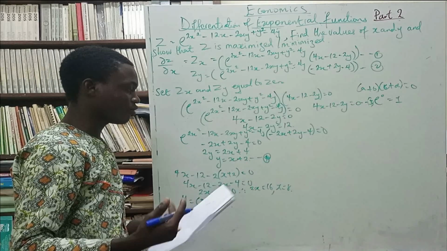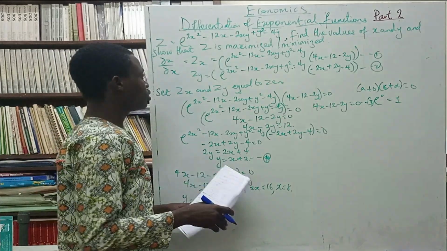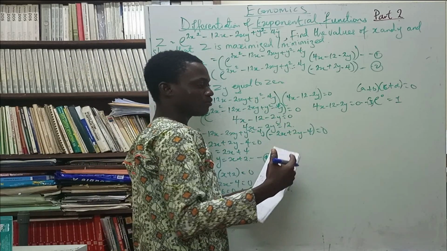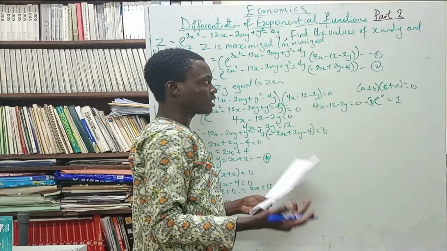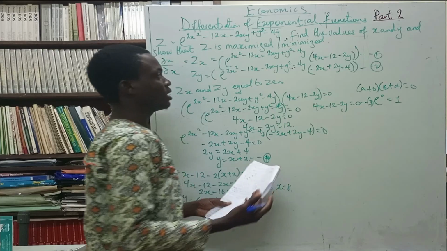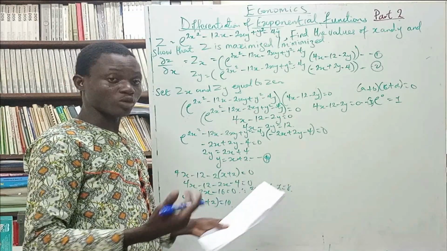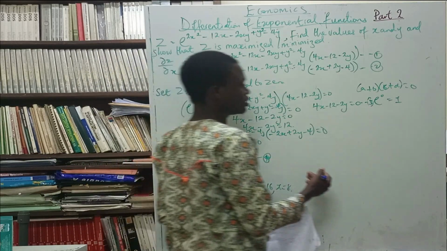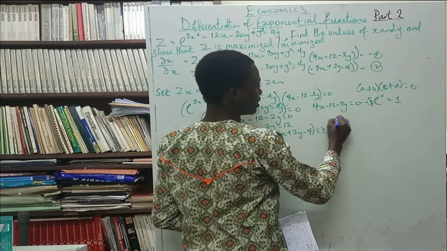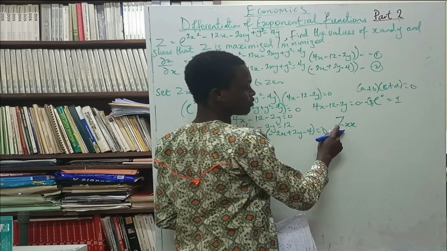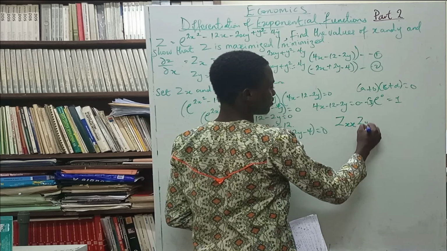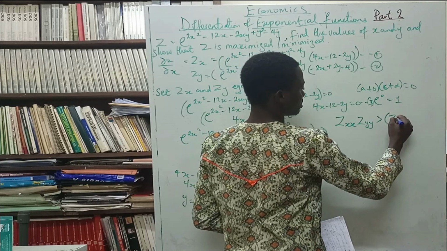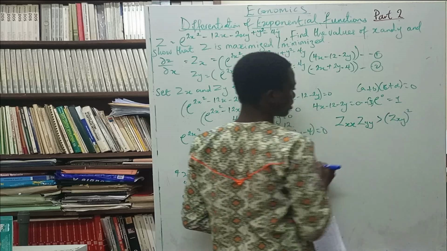Before I proceed, the decision rule to know if an exponential function with 2 or more variables, and here we have 2 variables, is maximized or not is this: you take zxx, the second derivative of x, multiplied by the second derivative of y, and check whether it is greater than the square of the cross partial, zxy squared.